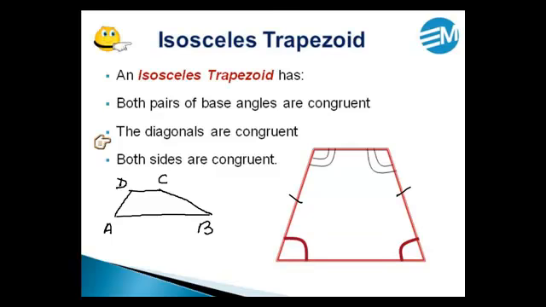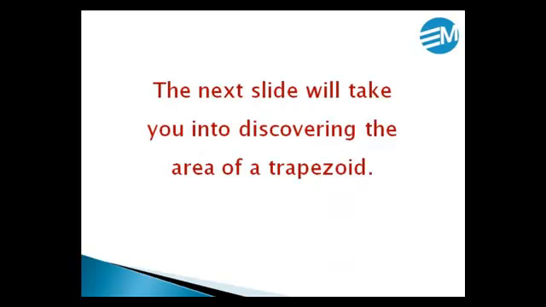Diagonals are also congruent. Let me draw the diagonals: this is a diagonal, this is another diagonal, and they are equal in measure. So base angles are equal, diagonals are equal, and one pair of opposite non-parallel sides is equal. This is known as an isosceles trapezoid.